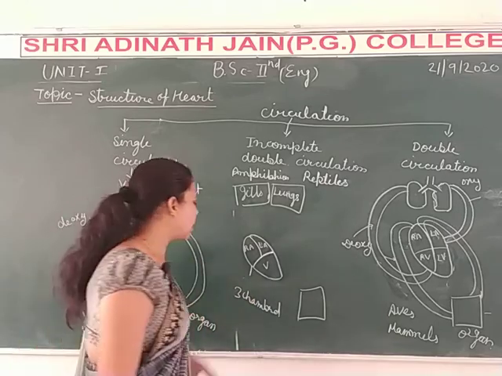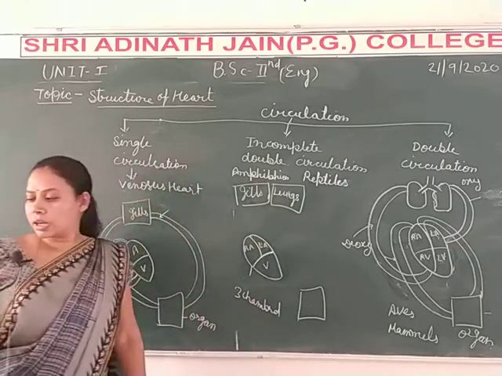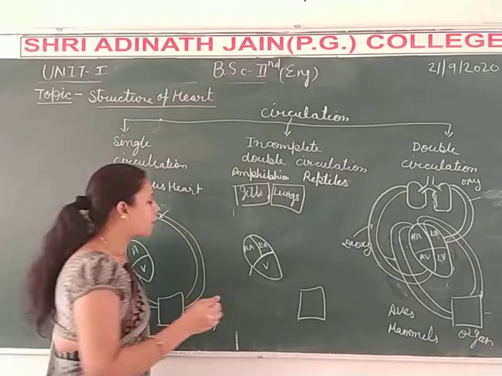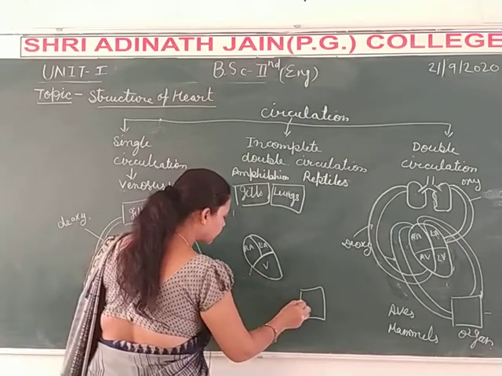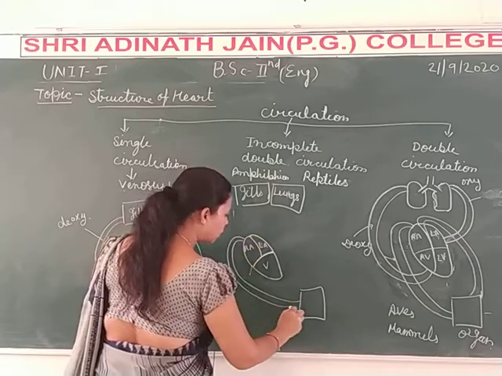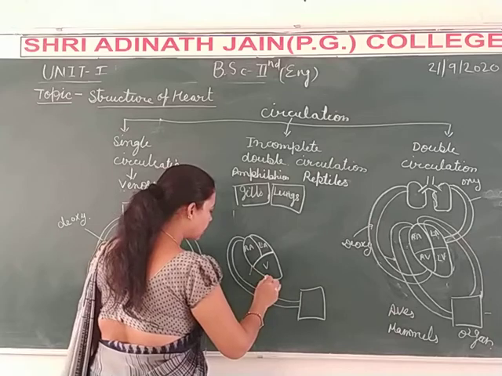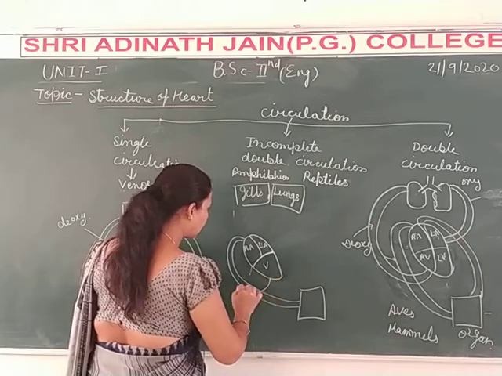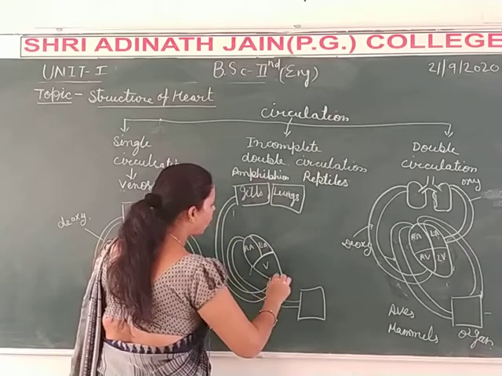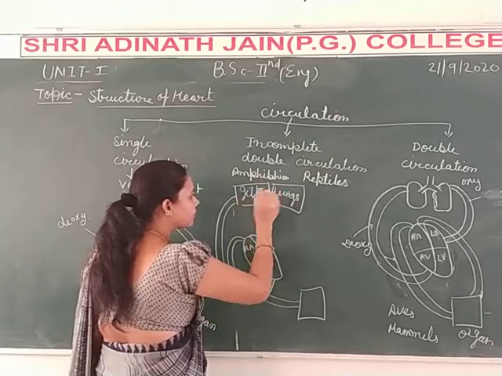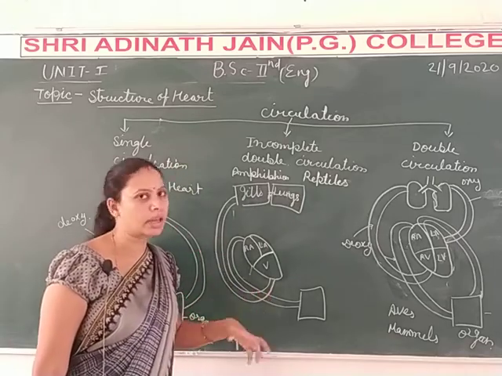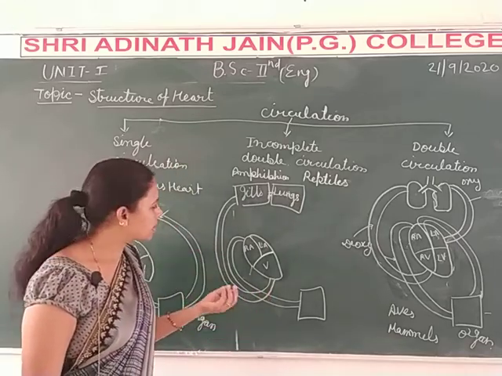So in these animals, the deoxygenated blood which is collected from the organ enters into the auricle, and from the ventricle is transferred to the gills or lungs. Either gills or lungs, it depends on the animal what organ is there.